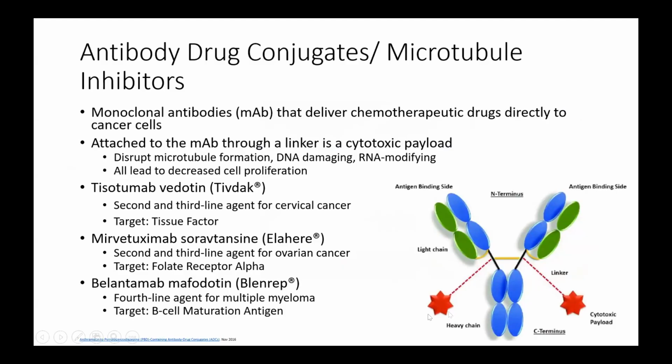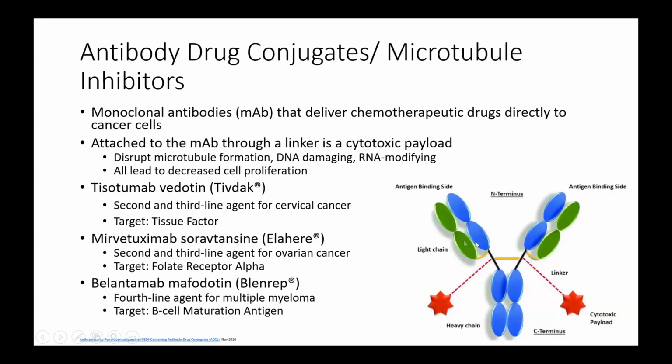And the cytotoxic payload, which is the traditional chemotherapeutic drug, is the red star, and it's linked to the monoclonal antibody via the red dotted line, which is called a linker. And the linker can be cleavable or non-cleavable.